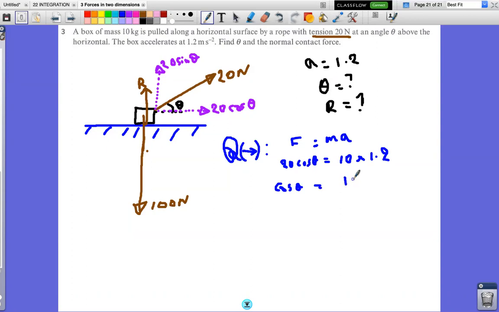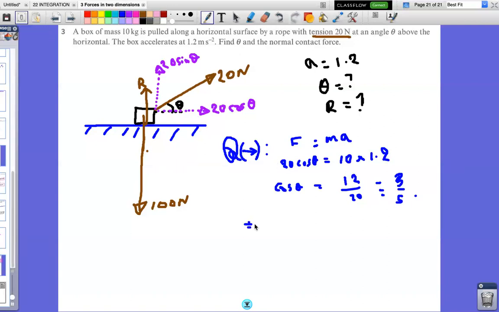Cos theta is 12 over 20, whatever that will be. What is 12 over 20? That should be 3 over 4, right? 3 over 5, correct?